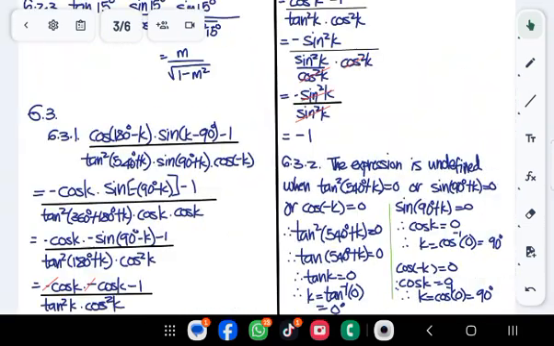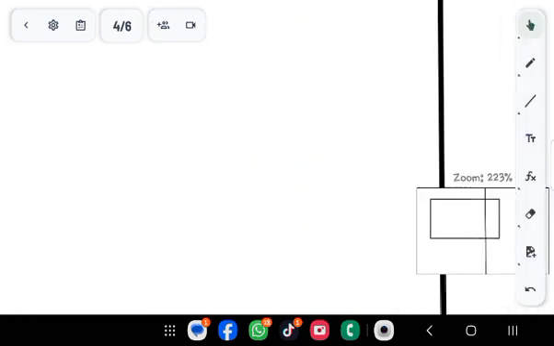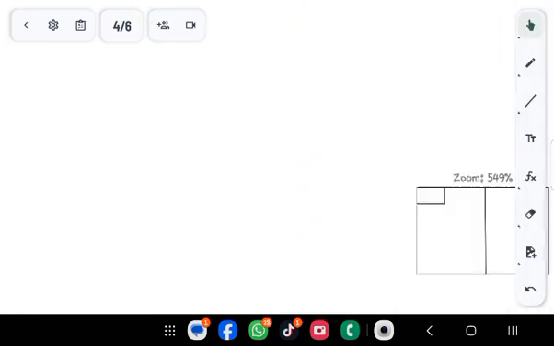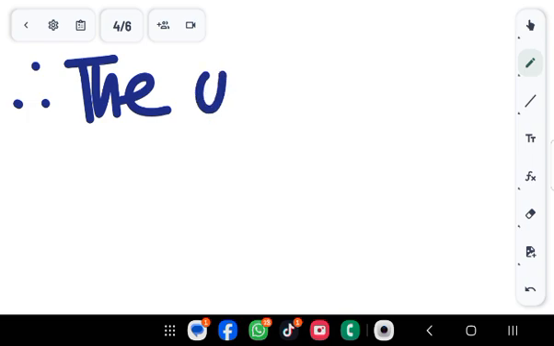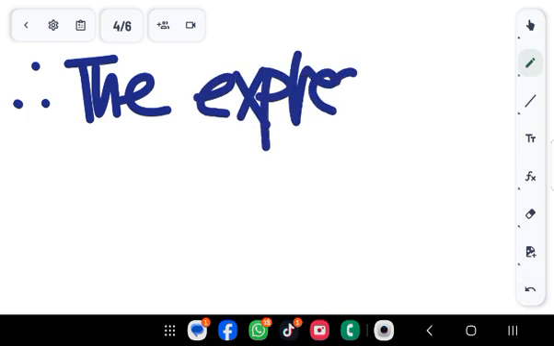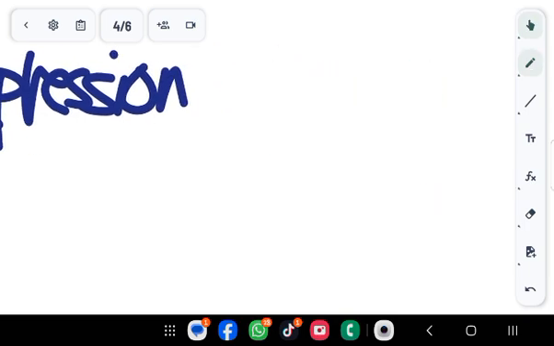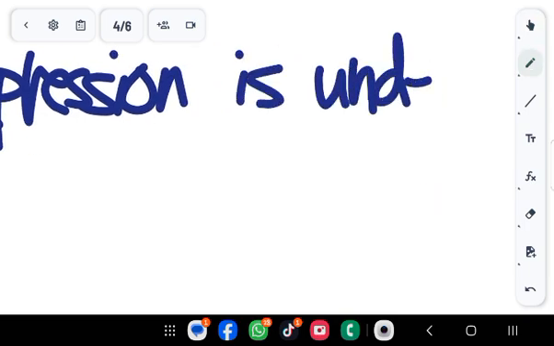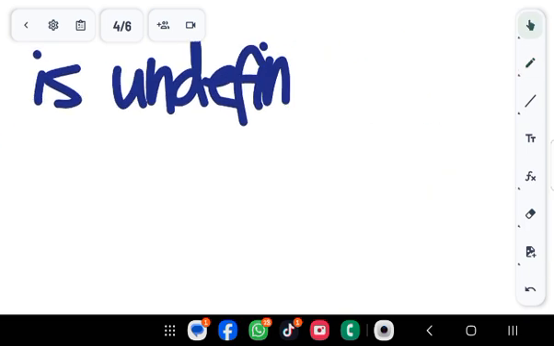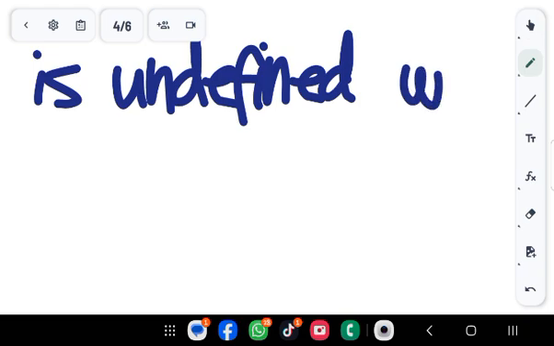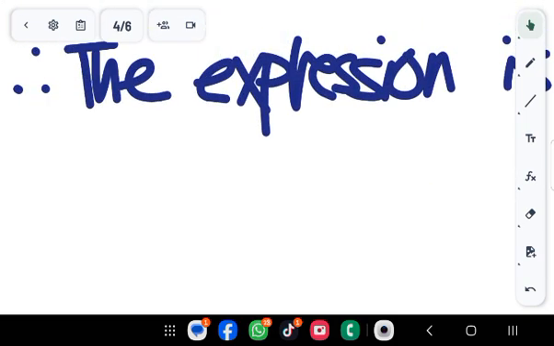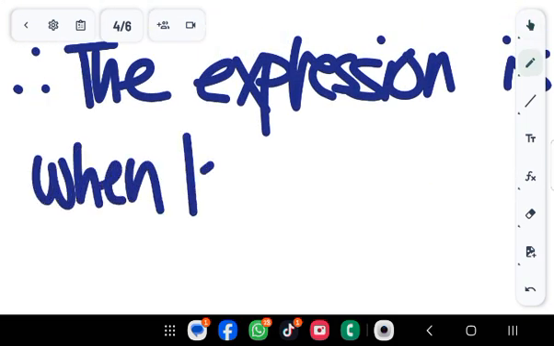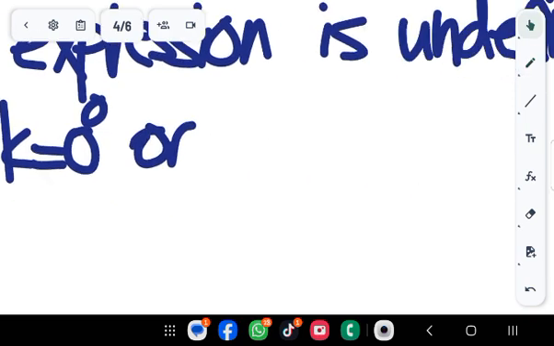Therefore, the expression is undefined when k equals 0 or k equals 90 degrees.